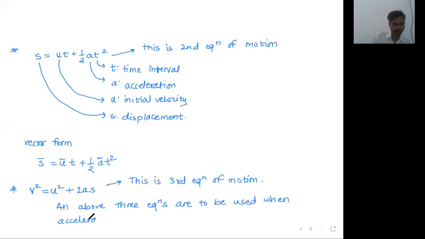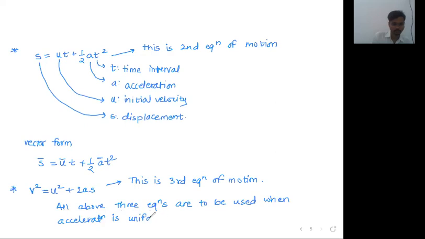When acceleration is constant, only if the magnitude and direction of acceleration are constant can these be used. Okay sir. For the time being we are going to remember it, instead of deriving it. All above three equations are to be used when acceleration is uniform.